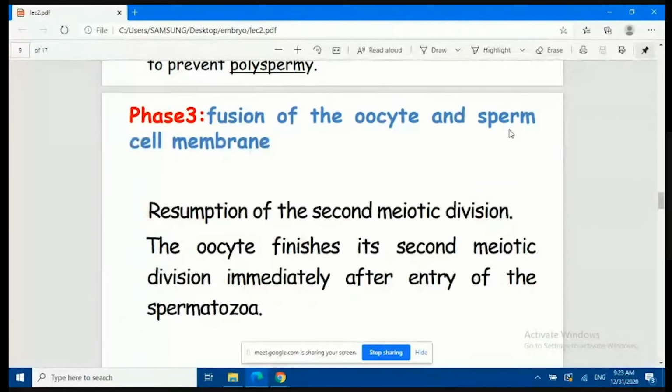First of all, you need to know that the mature ovum, whenever ovulation or the ovarian cycle happens, will be released. At ovulation the ovum is released while the first meiotic division has happened and then arrests in that state. When will it resume?